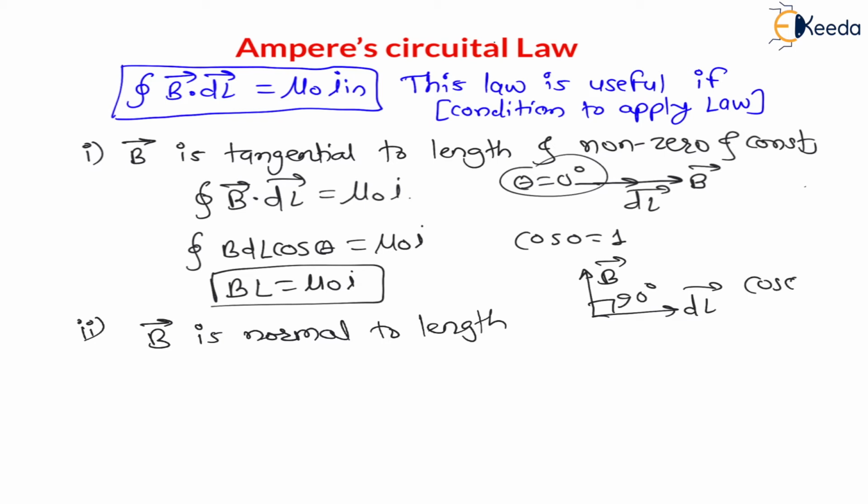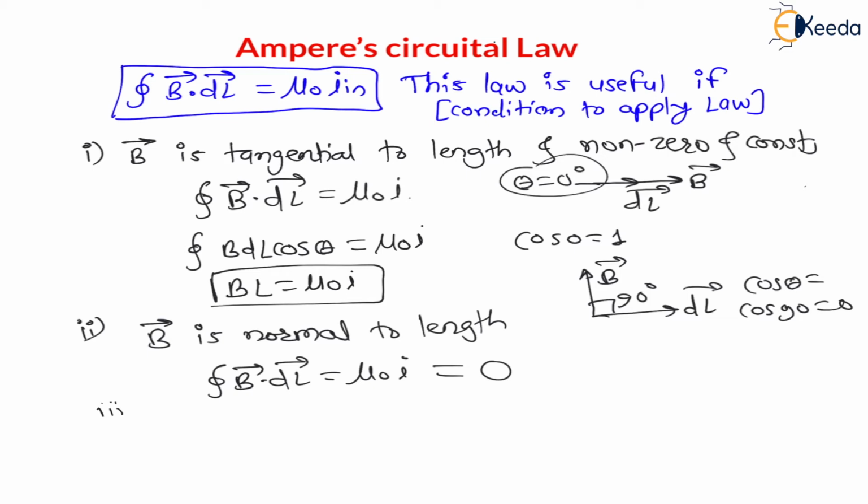Therefore cos theta, which is cos 90, will become 0. So here this cyclic integral of B dot dl, which is nothing but mu naught I, will also become equal to 0, because this will convert to B dl cos theta, and cos theta is 0. Therefore this is always equal to 0, right? This is how we can apply it very simply when the magnetic field is normal to the length.